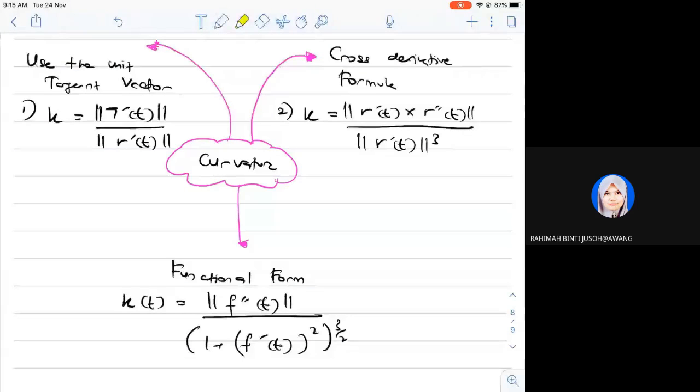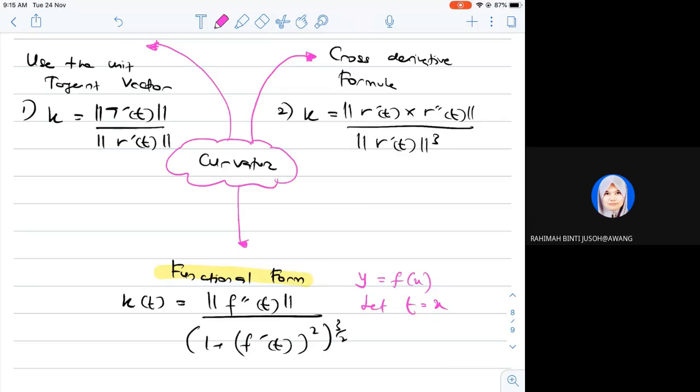This formula, okay, functional form formula, is used when you have this type of question. You have a function in terms of y equals to f(x). Okay. If you encounter this type of function, and the question asks you to calculate the curvature, you have to use functional form. And what you need to do is you have to let t equals to x.